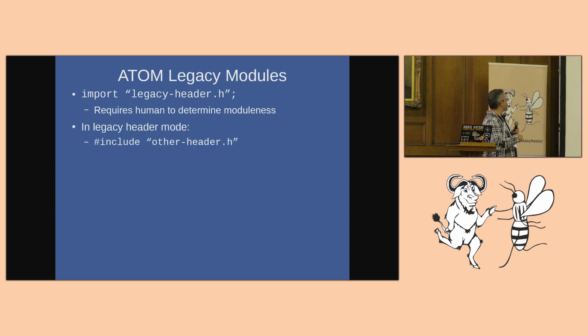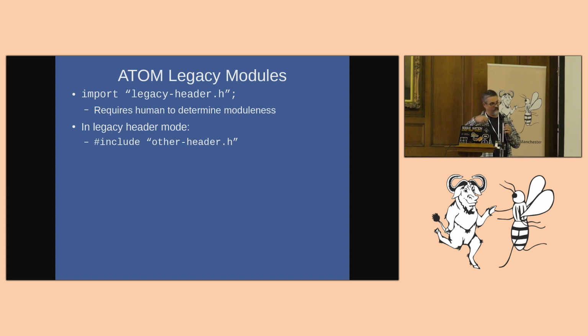And it may inside it have a hash include other header.h, right? Do I textually include that thing as a regular header, or is the other header itself a modularizable header? And should I actually have thought of this as import other header that I then have previously built? Because that would be better to do it that way, as I reduce my merging problem with finding whatever this thing declares in two different places.